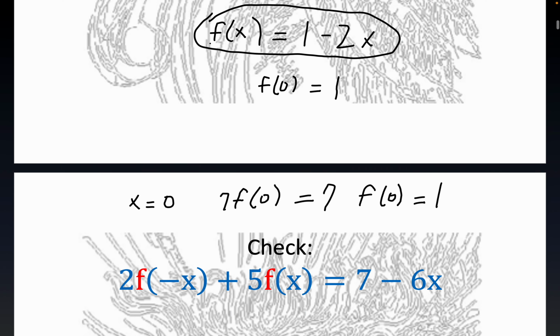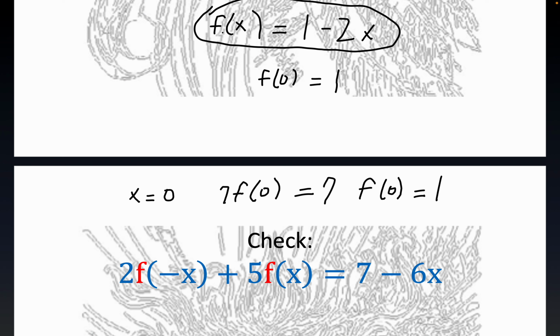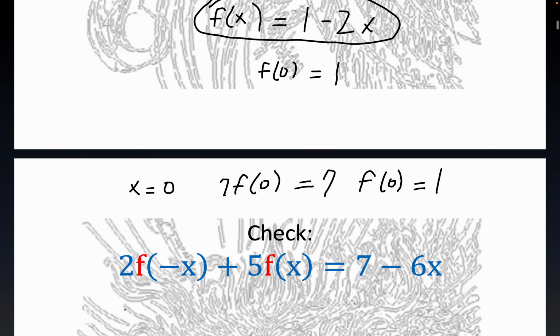So we know that f of x is equal to, we claim f of x is equal to 1 minus 2x. Now, if you substitute negative x into this expression, you get 1 plus 2x. So this would be 2 times 1 plus 2x.